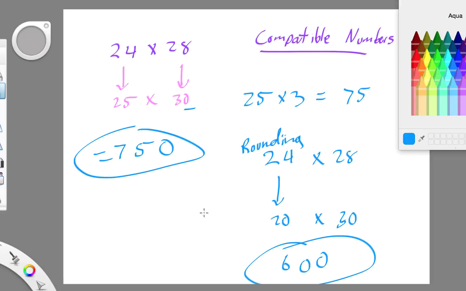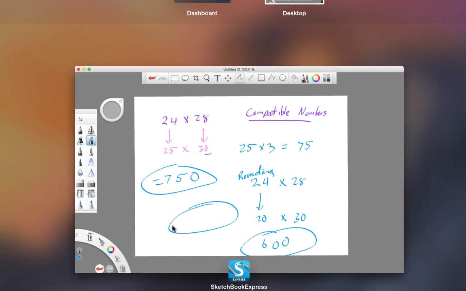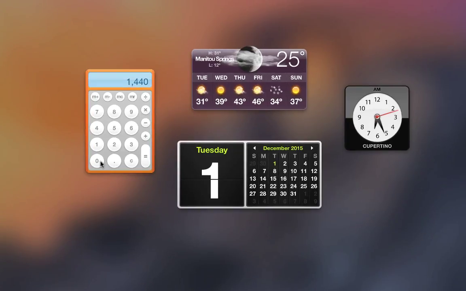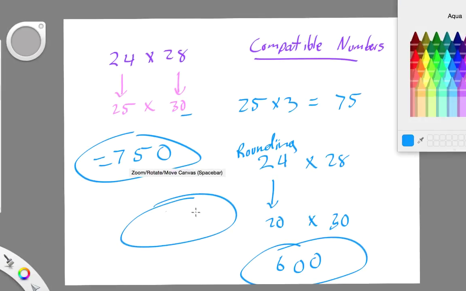The real answer is somewhere in between. 24 times 28. I was going to show you what 24 times 28 is. The actual answer is 672.